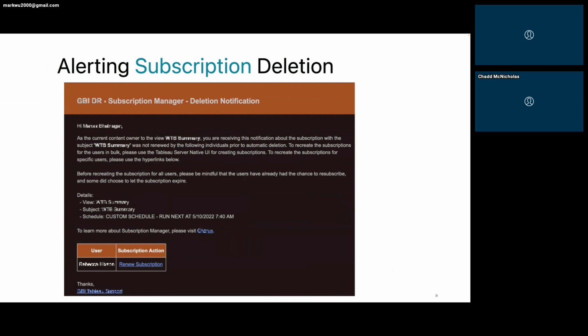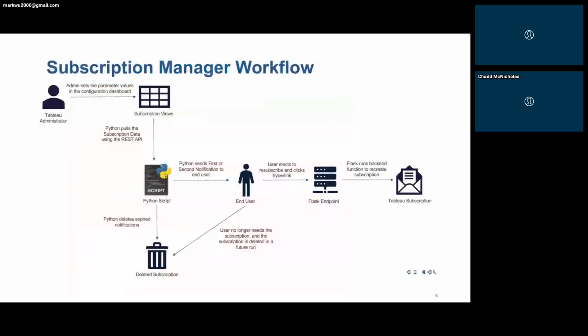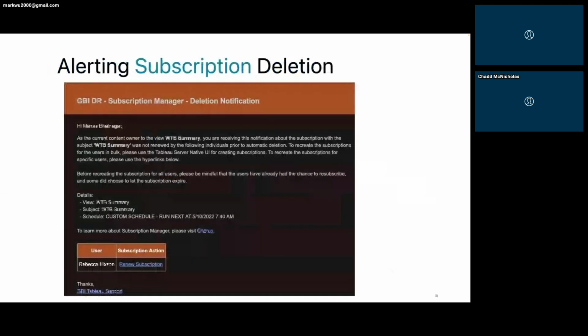When they click that button, I'm going back a little bit, I have a Flex endpoint listening that takes the URL. It's quite tricky, but we figured it out. It's working. This has been working well for me for about 2 years or so. This is the subscription deletion.